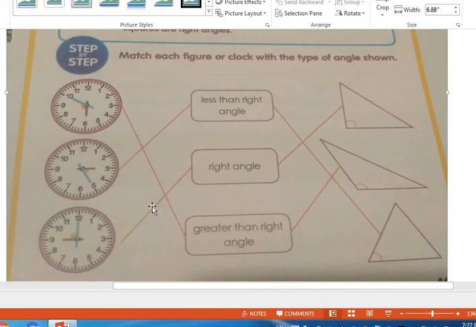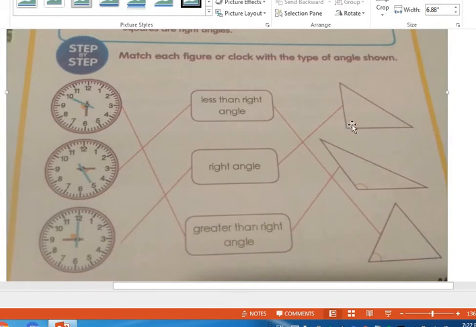Okay, and here when I say less than right angle, we can look here in this triangle. What do you think? This angle with the red arrow, so it's what? It's less than right angle, the small one.